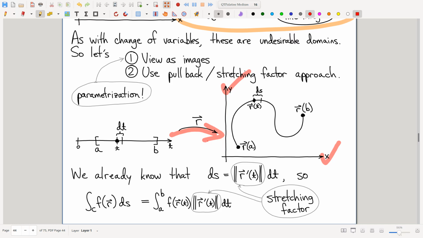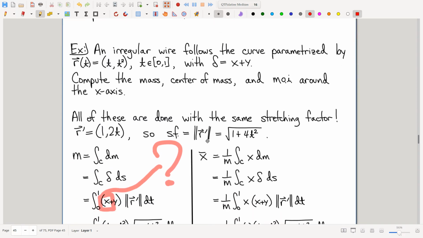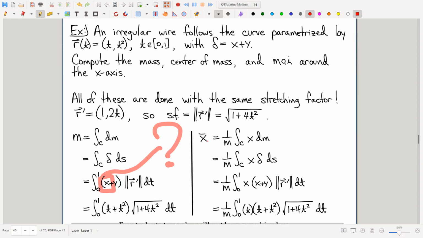So x, in this case, is the first output from your parameterization, and that's explicitly the case here. X is t, given in the parameterization. So that's what we do with x. X is t. Plug that right in.